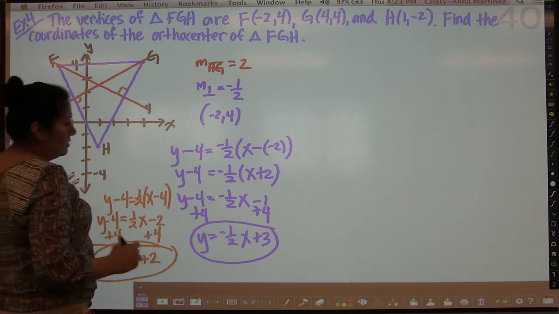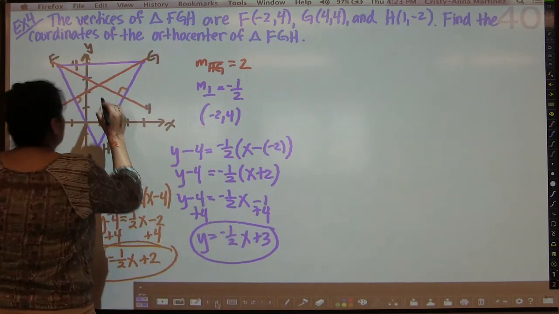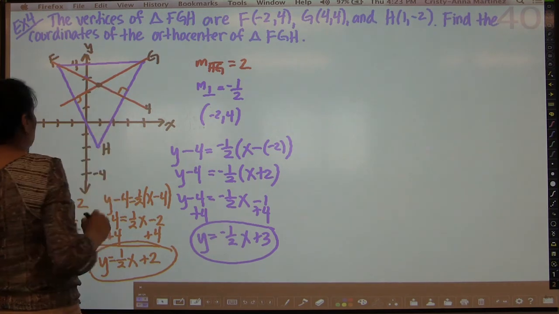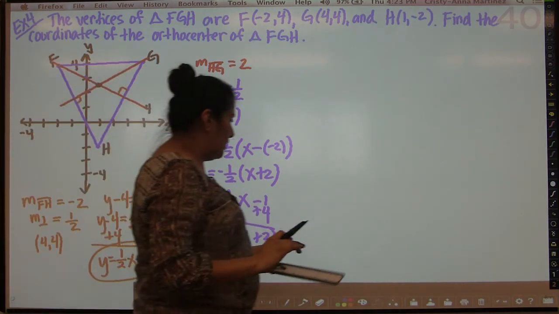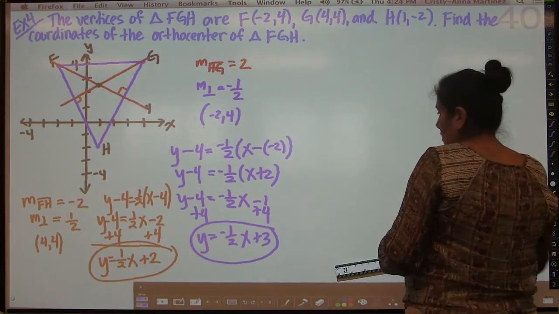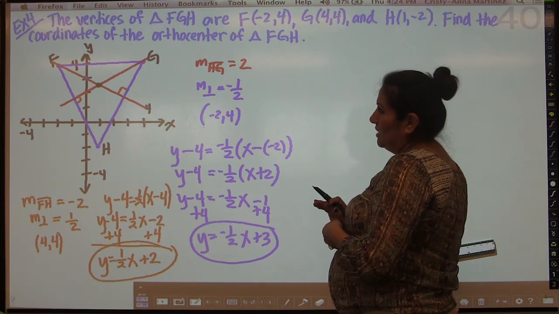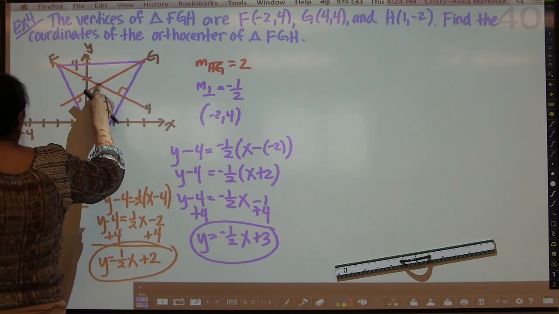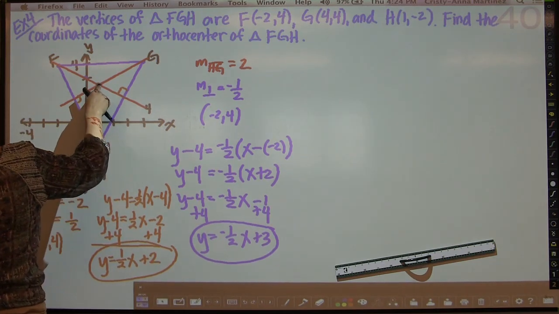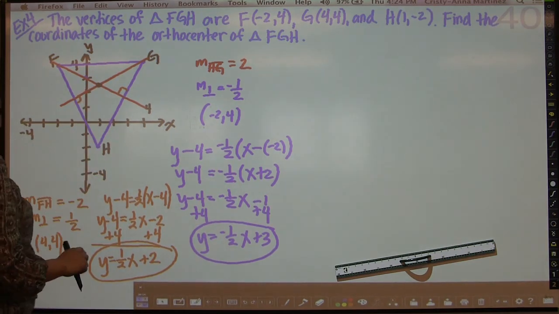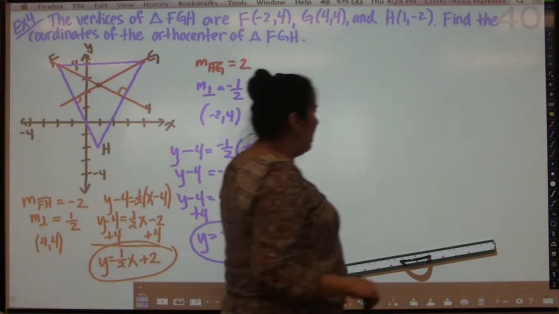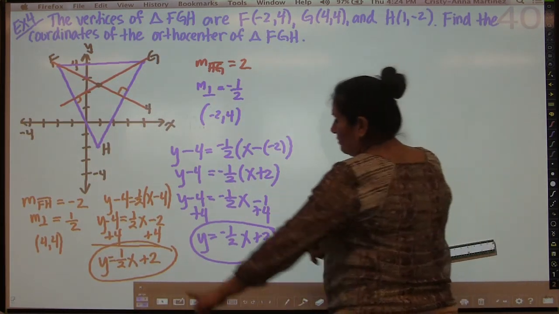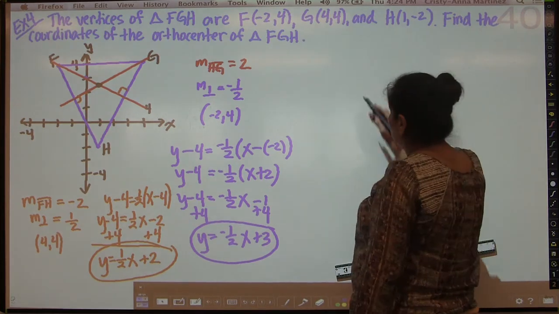So that's my altitude. And what I'm trying to figure out is where those two lines cross. Well, lucky for us, we can use an algebra method of substitution to find where they cross, because it looks like it's (1, 2.5), but we can't be sure of that just yet, so we want to confirm that algebraically. So we make the two equations equal each other.